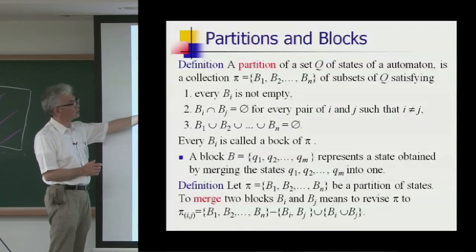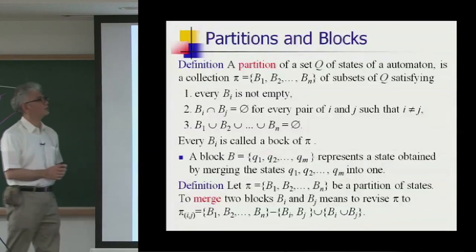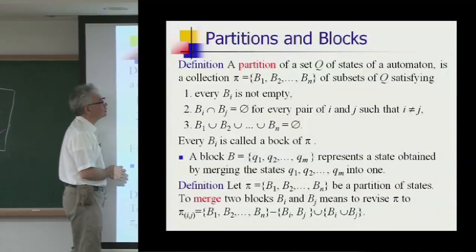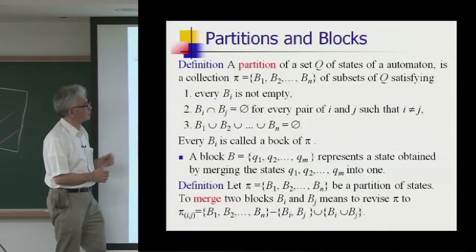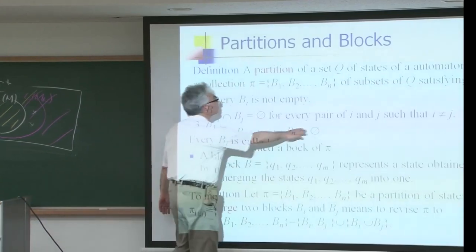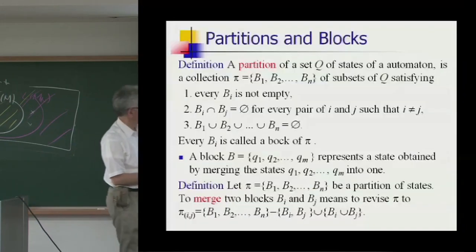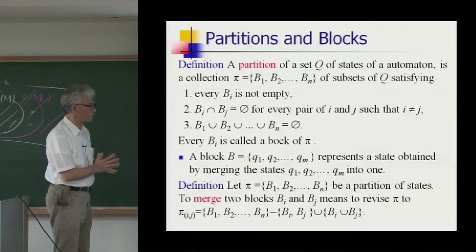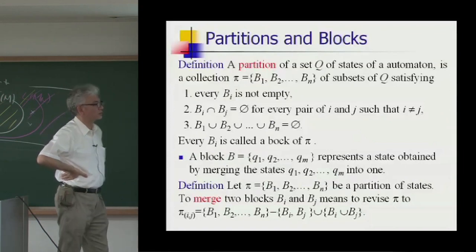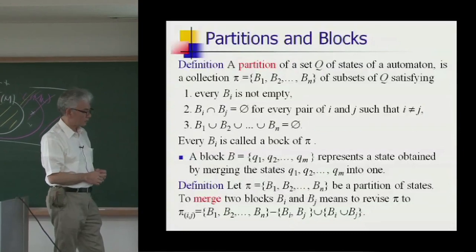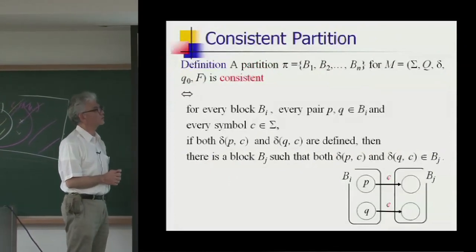Each state subset is non-empty, every pair of the subsets is disjoint, and the union of all of the subsets covers Q. Then every block B_i is called a block of pi, and a block represents the merged states of Q, and we give some consistency of the blocks.